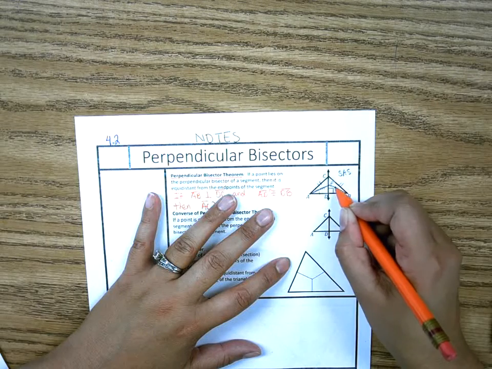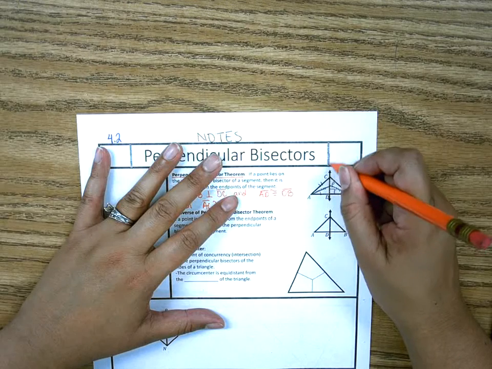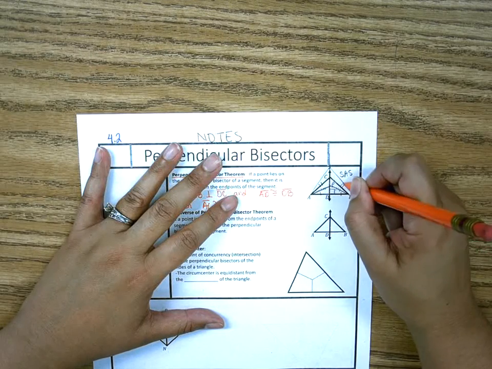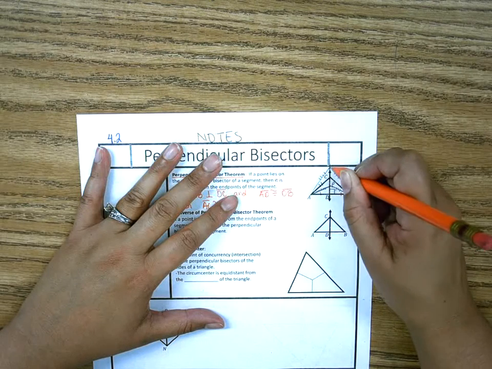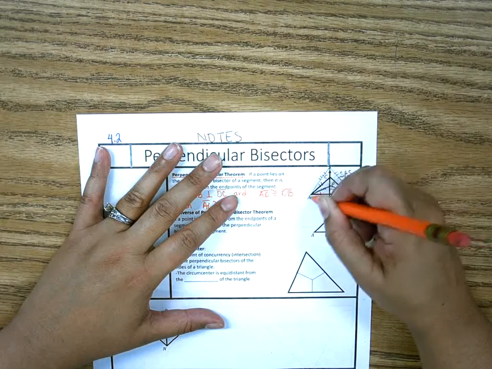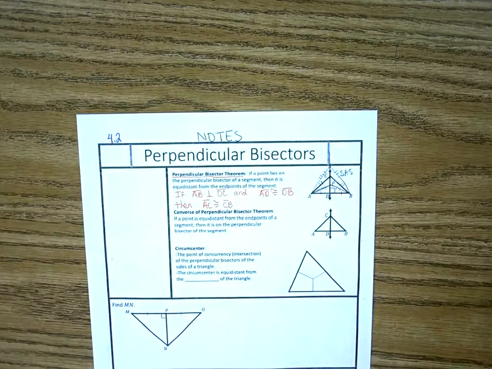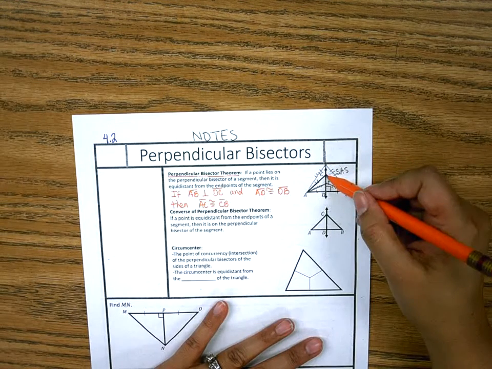So CA and CB are congruent, as well as PA and PB. So if I were to extend this perpendicular bisector, I can draw any number of triangles, and these legs here are always going to be congruent. It's always going to make an isosceles triangle.